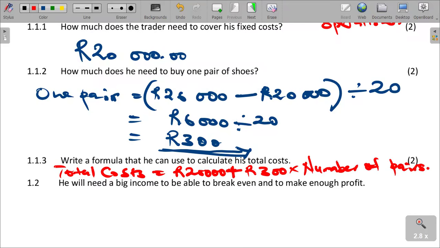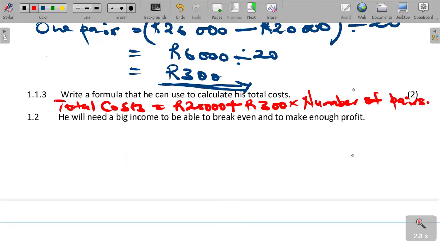That is the total cost. It is 20,000, his original cost that is readily available, plus the cost of one pair, 300, multiplied by the number of pairs he wants to buy. So that is the formula for the total cost.